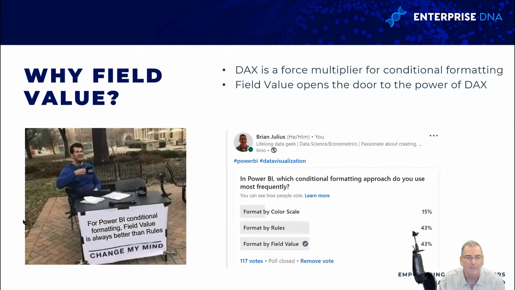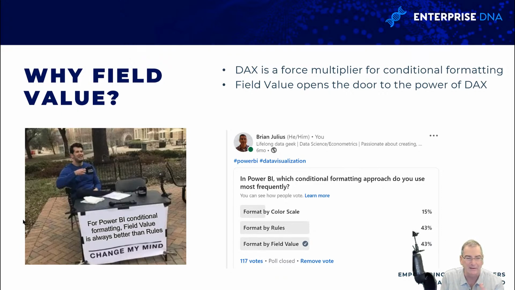But in thinking more about the specifics of conditional formatting, I had done a poll around the same time, and I've always been a believer that the field value option is kind of the secret weapon of conditional formatting. As I say here, DAX is a force multiplier for conditional formatting, and the use of the field value opens the door to the full power of DAX.